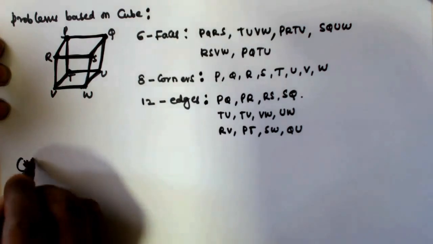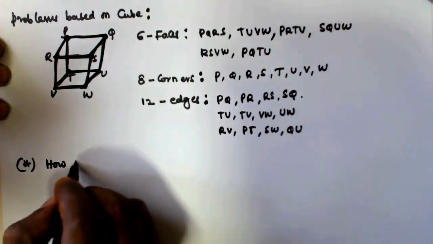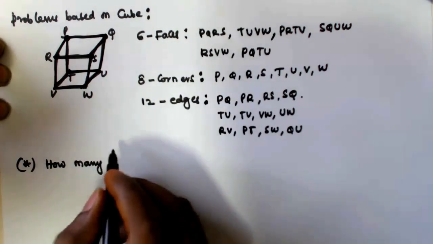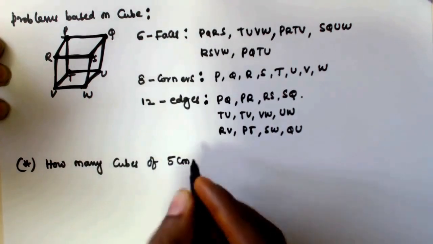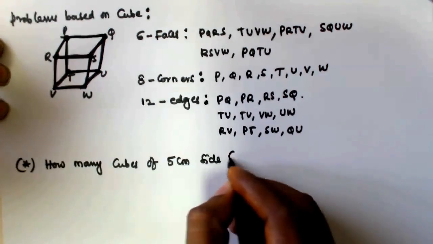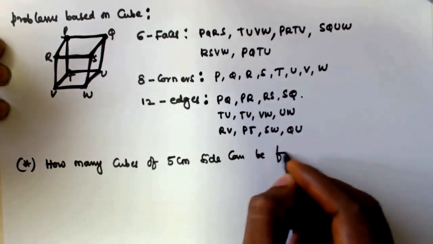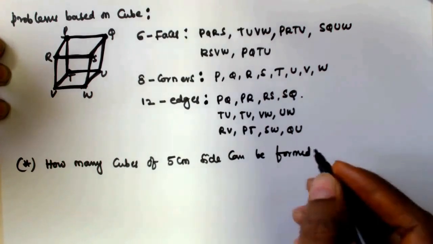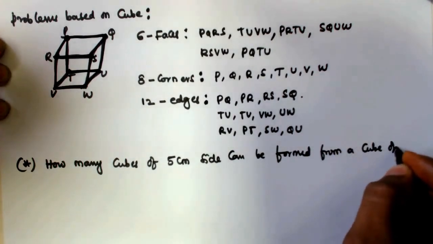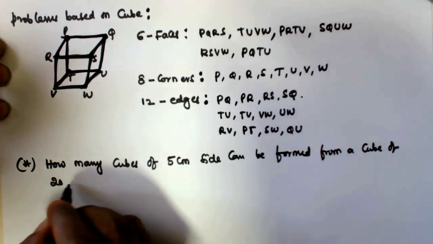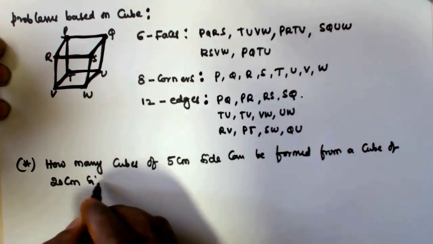The problem is: how many cubes of 5 centimeter side can be formed from a cube of 20 centimeter side?